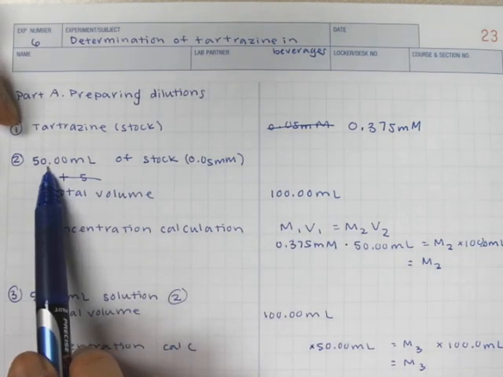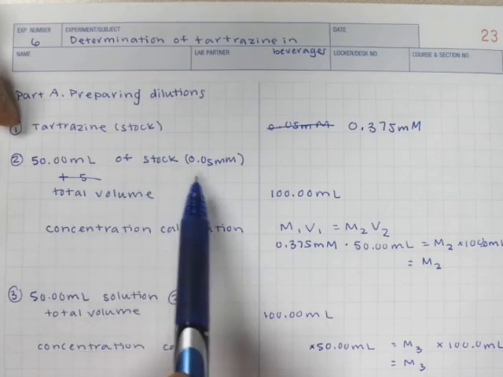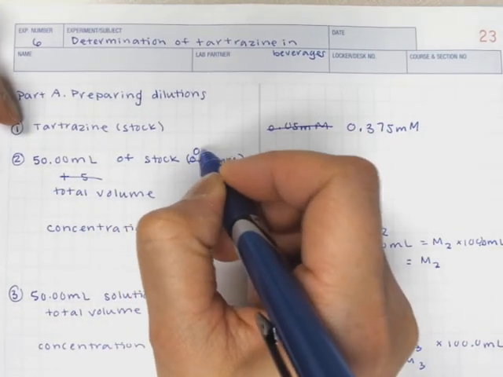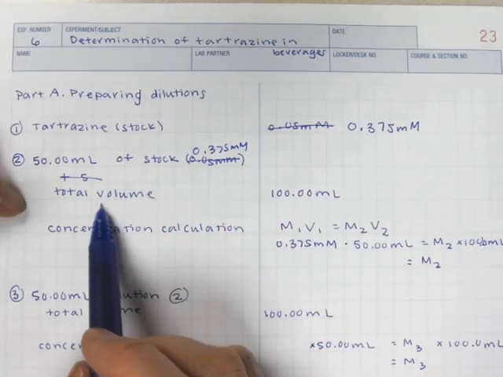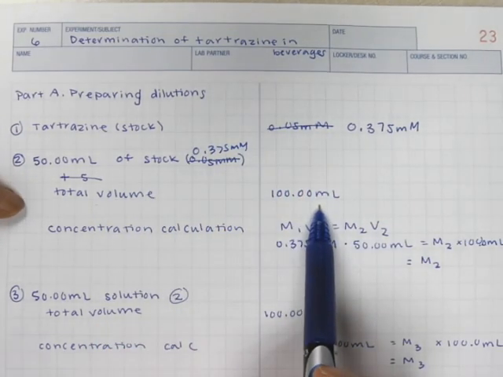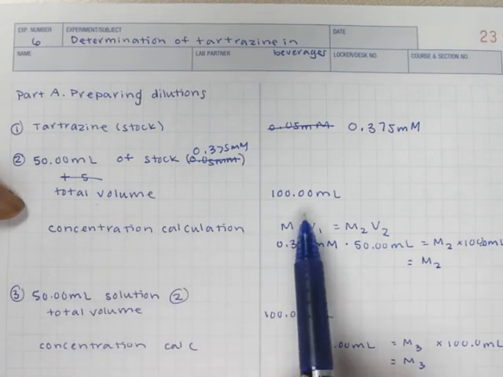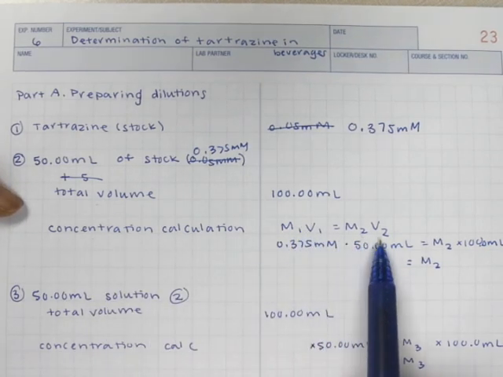So if I took 50 mL of stock, which is 0.375 millimolar, and I diluted it to a total volume of 100 mL, to figure out the concentration we use M1V1 equals M2V2.